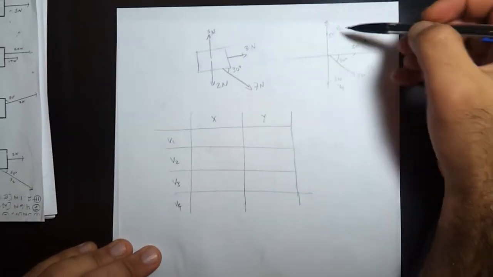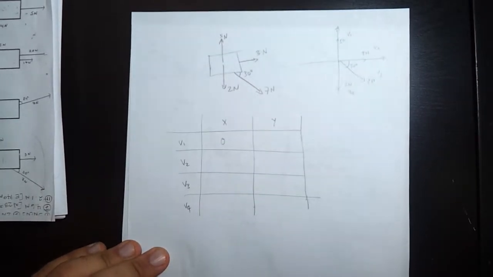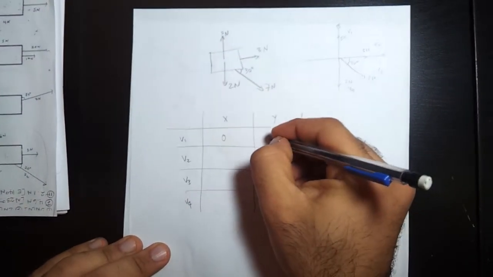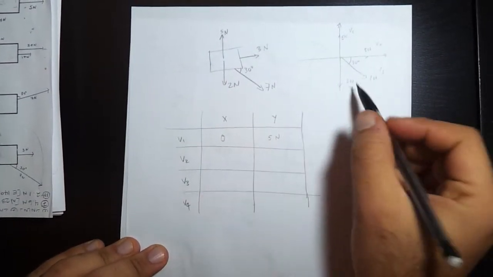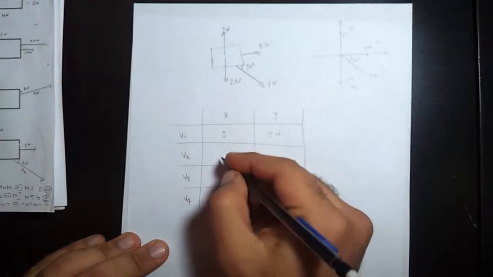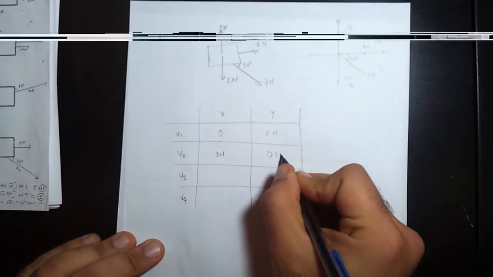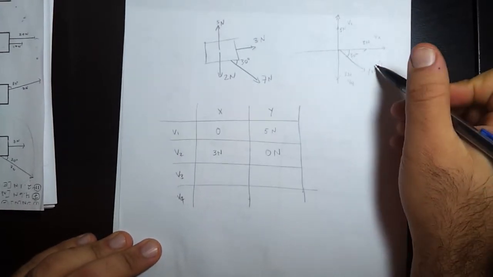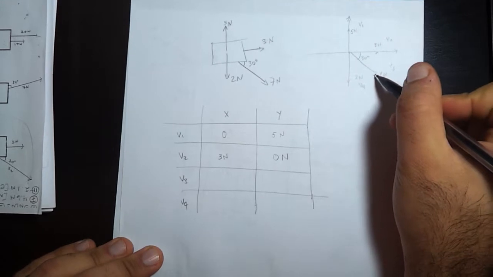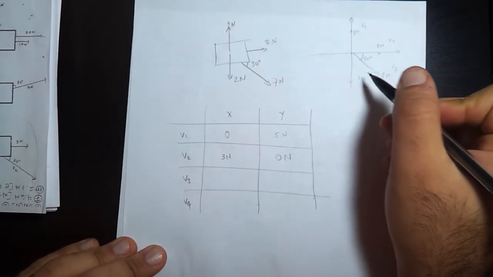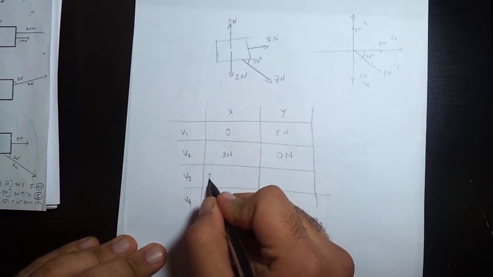So for vector 1, if we look here, there is no x component at all. So it's 0 newtons. It's all y component, so I'm going to write 5 newtons here. For vector 2, it's all x component. So it's 3 newtons to the side, and there's no y component. Vector 3 is one that goes on an angle, so it's got an x component and a y component. Using SOHCAHTOA, you can figure out that the x component is the magnitude, so that's 7.